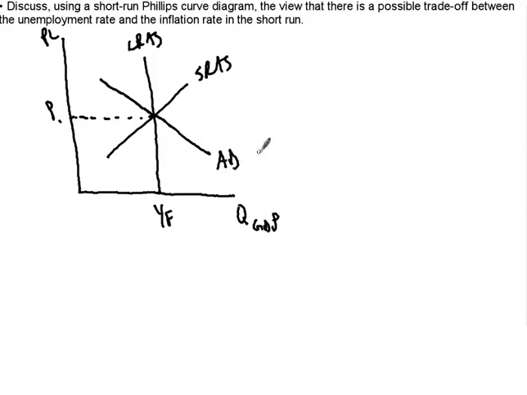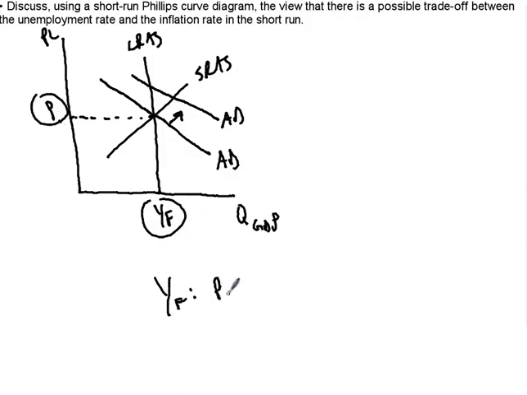Okay, and so if we look at aggregate demand and how it moves back and forth, let's just say that at this full employment level of output, YF, the inflation rate, price level, we'll just make up a number, is 3%, and the unemployment rate is at its natural rate, so we'll say it's at 5%.